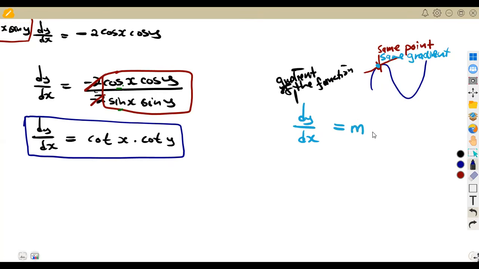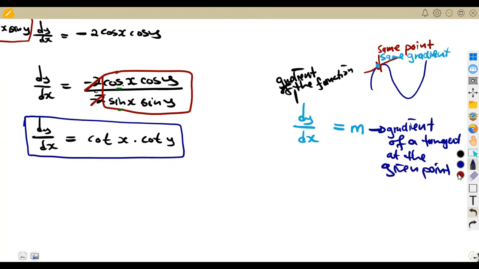So m represents the gradient of a tangent. Remember, a tangent is a straight line. So that's the gradient of a tangent at the given point. All right, so this is the consideration that you're supposed to take.